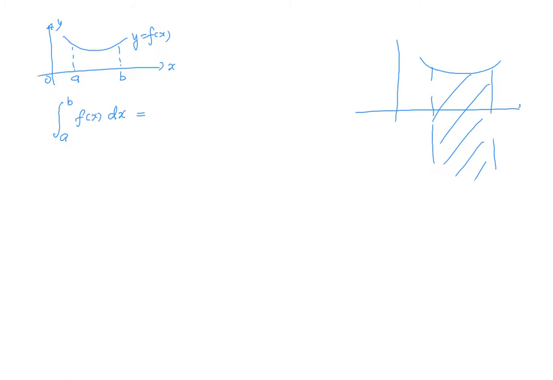Anyone want to try? Area bounded by the curve y equals f(x), straight lines x equals a, x equals b, and the x-axis. You are right. So you see, area bounded by the curve y equal to f(x).